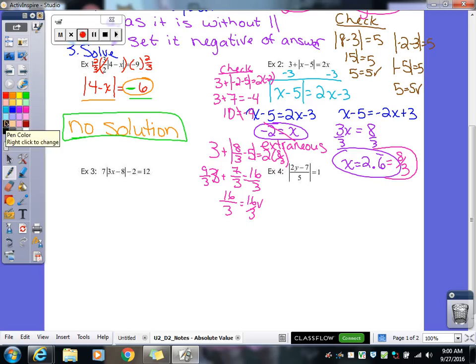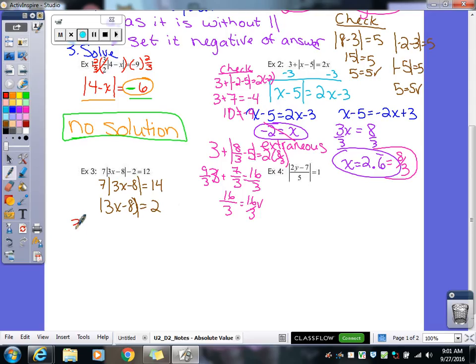So for example number 3, again, first step, we have to isolate our absolute value. So I'm going to add my 2 over, and I get a 14. And then I got to get rid of the 7, so I have to divide by 7. So I get absolute value of 3x minus 8 equals 2.